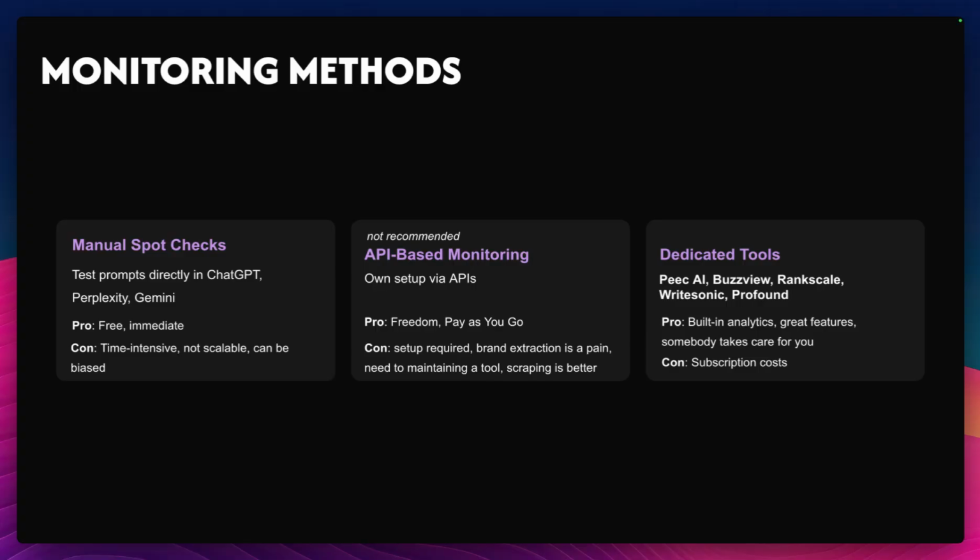And then I would monitor a smaller set of prompts just to get an understanding if I'm improving or not. I think this is the biggest advantage of BuzzView, this flexibility: you're not limited to 100 prompts tracked daily, or you could do 10,000 prompts depending on the plan.